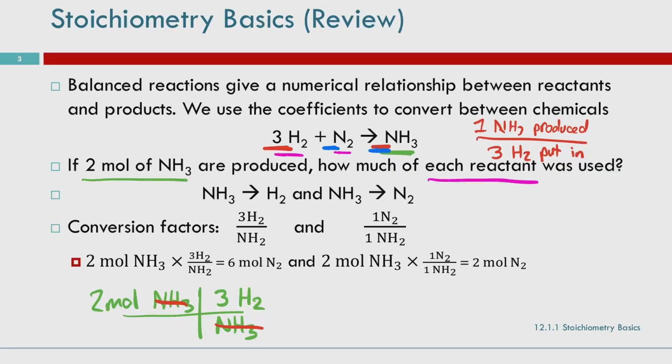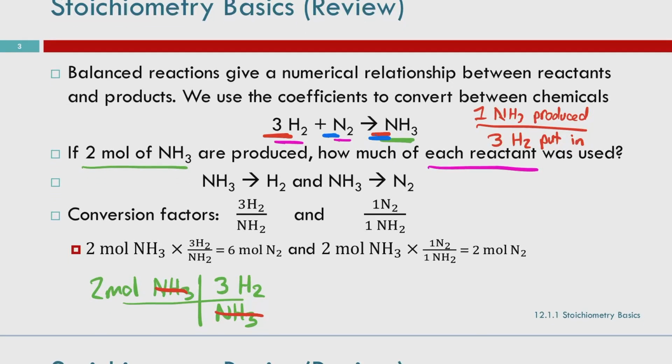This is so that the chemicals cancel. So we're switching chemicals. The things that are left are 2 moles and 3 H2. They're on the same line, and so we're multiplying them. Multiply by things that are on the top. So 2 times 3 equals 6 moles H2.